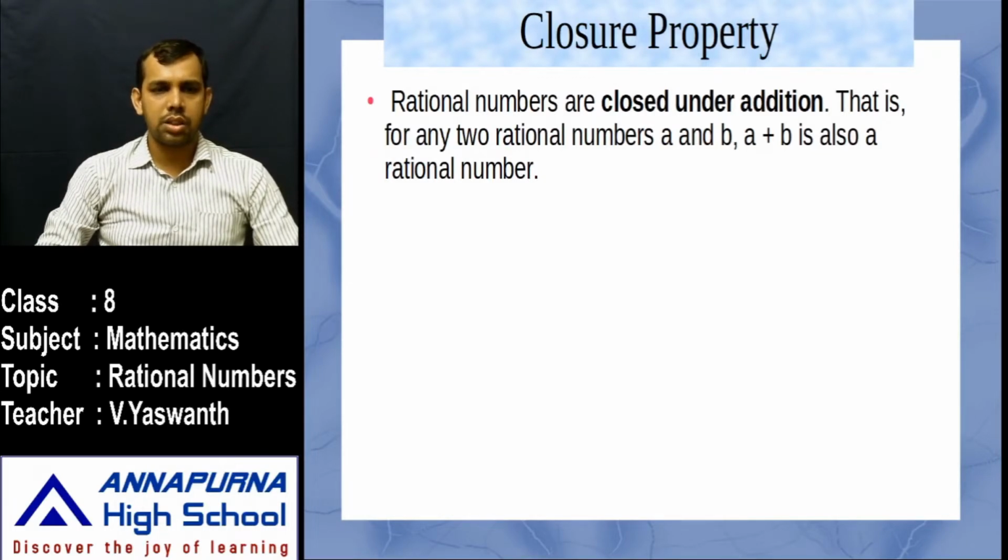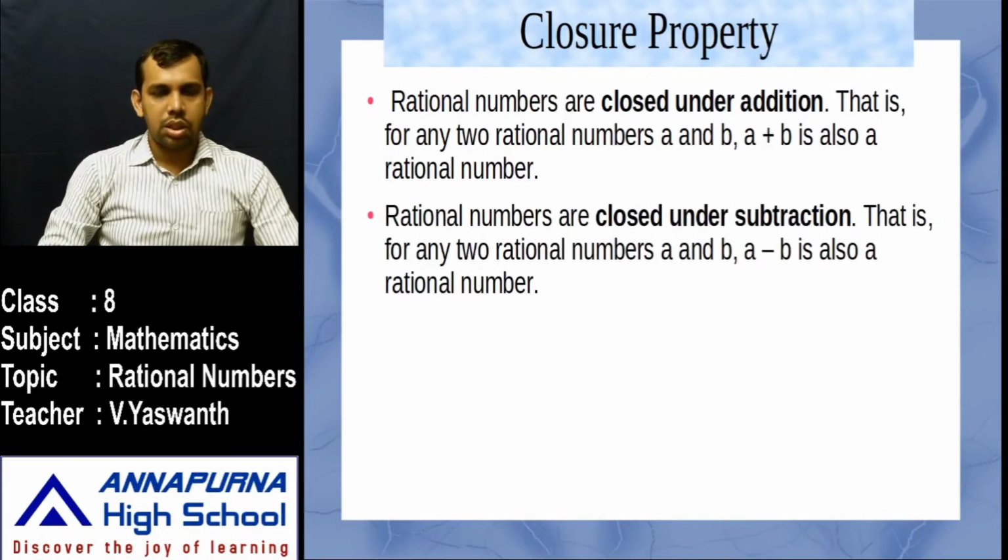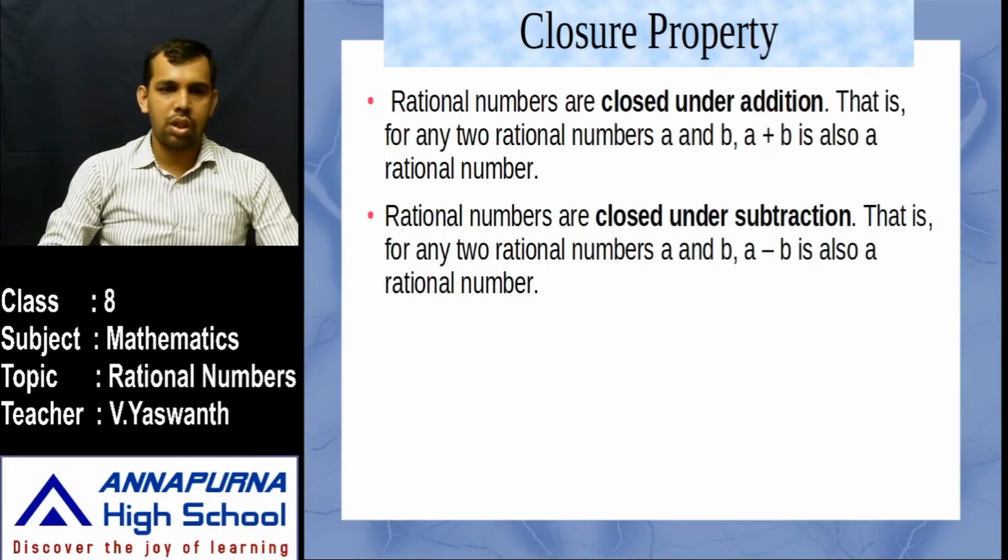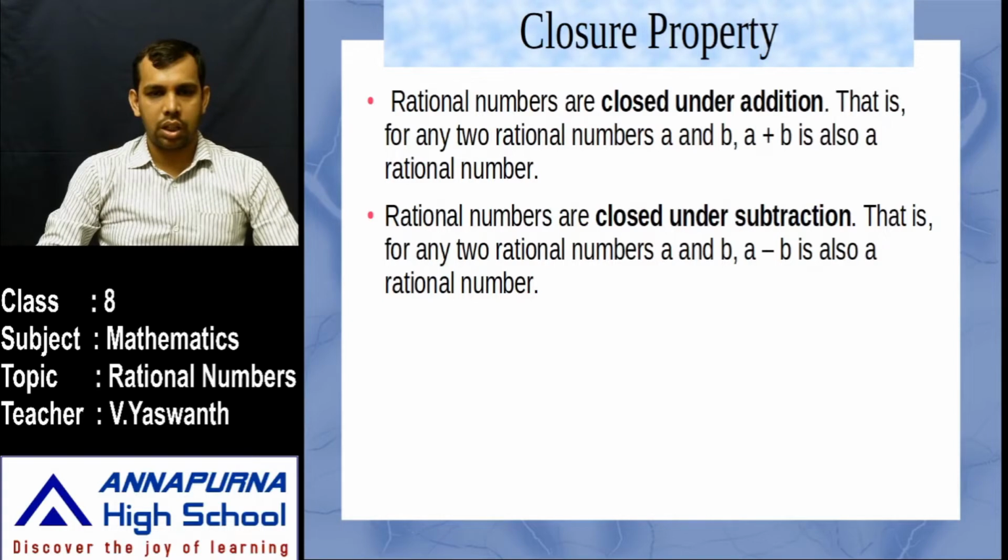Here the rational numbers satisfy that property. The sum of any two rational numbers is again a rational number, so rational numbers are closed under addition. In the same way, rational numbers are closed under subtraction also. If you subtract one rational number from another, whether two positives, one positive and one negative, or two negatives, you get a rational number as the result.